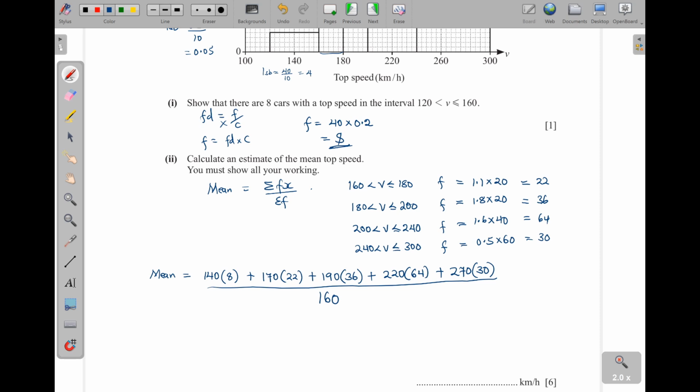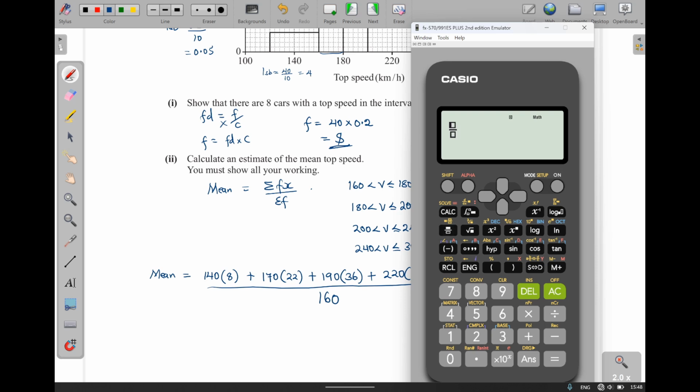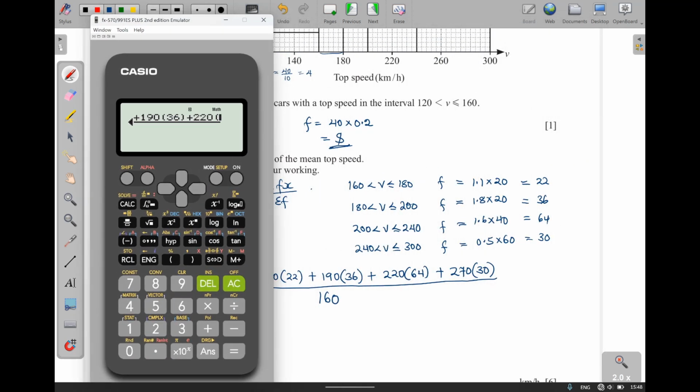And what do we get? So putting everything in the calculator, we are going to get 140 times 8, then plus 170 times 22, then plus 190 times 36, then plus 220 times 64, then plus 270 times 30, and then down here we are going to have divide by 160.